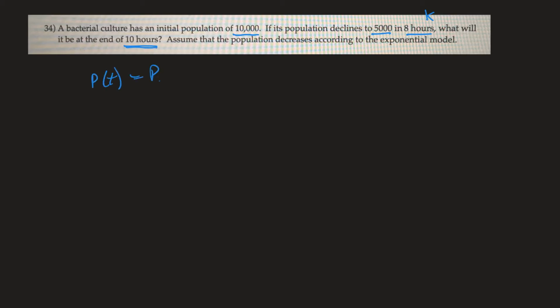All right, so let's write our formula. P of t equals P0 e to the kt. So I'm ending at 5,000, starting at 10,000. E to the k, I don't know, but the time is 8 hours. Divide both sides by 10,000. So this side will be a half is equal to e to the k times 8.